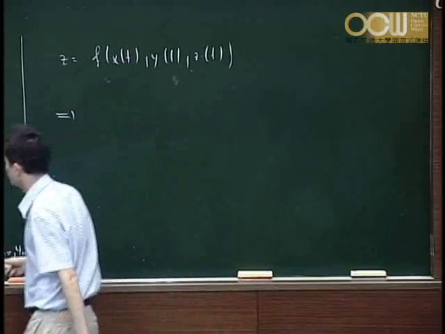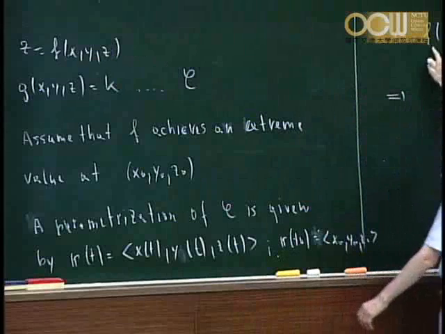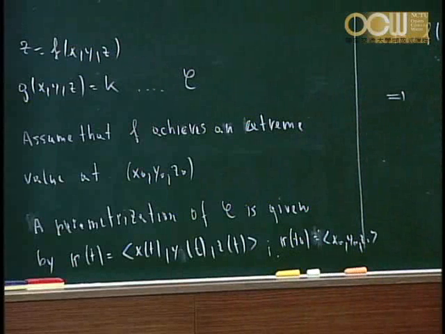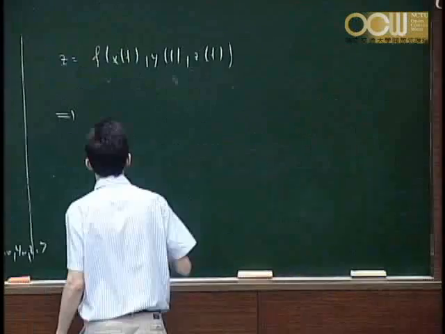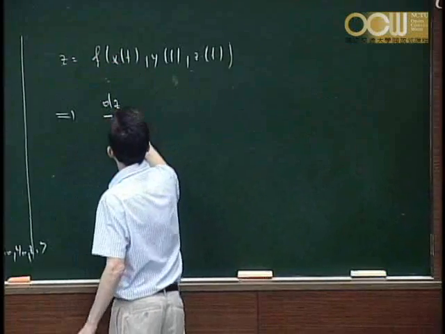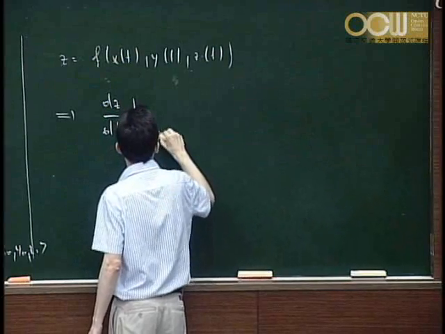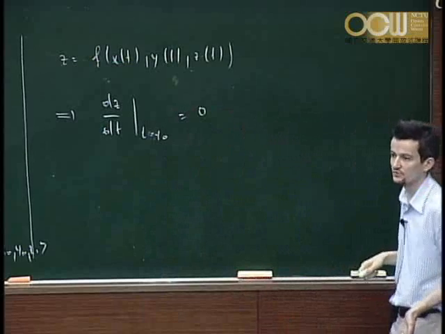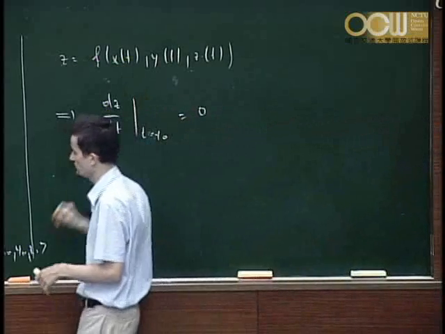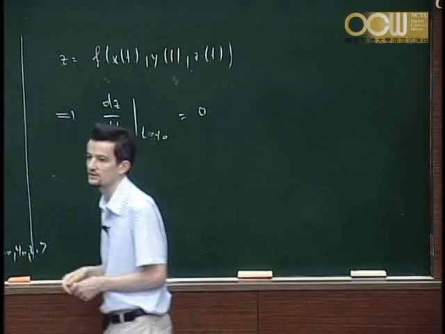Because I assume that at t0 this function has an absolute extremum, we know that the first derivative at t equal to t0 must be equal to 0. This is Fermat's theorem, because this is a function of one variable. We have an extremum at t0, so the derivative must be equal to 0.